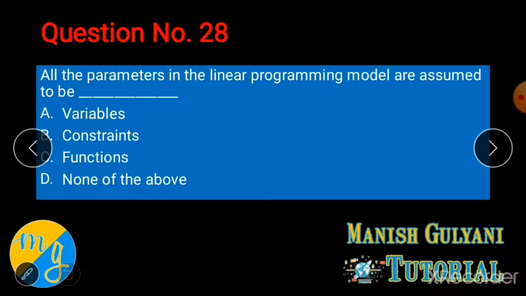Then question number 28: all the parameters in linear programming models are assumed to be variables, constraints, function, or none of the above. In the previous question I explained that all the parameters in linear programming are totally based on constraints, equations. So option B is your correct option.